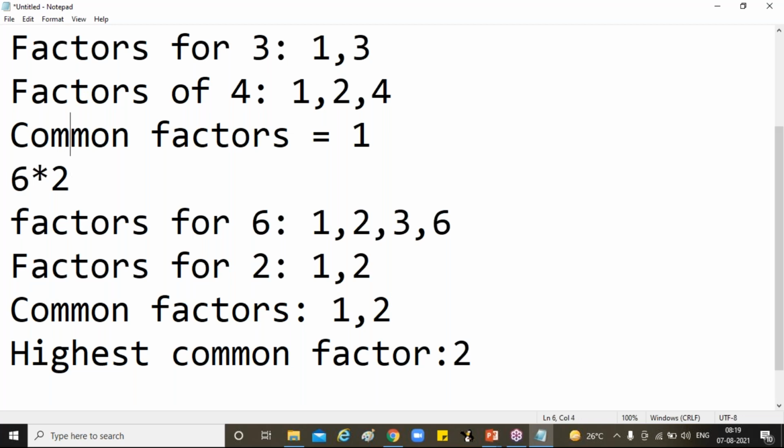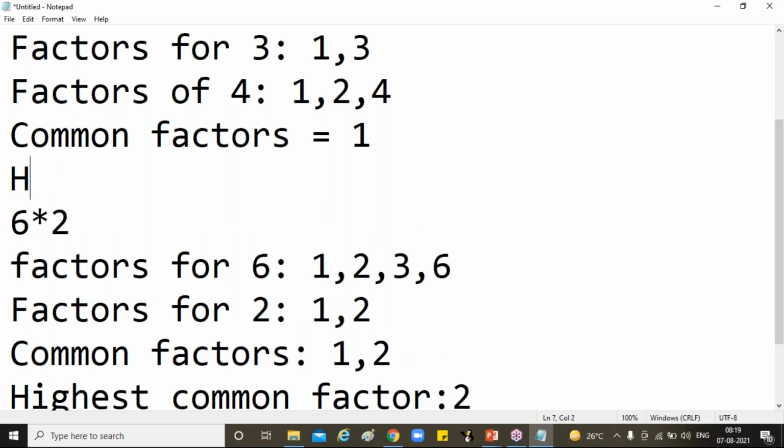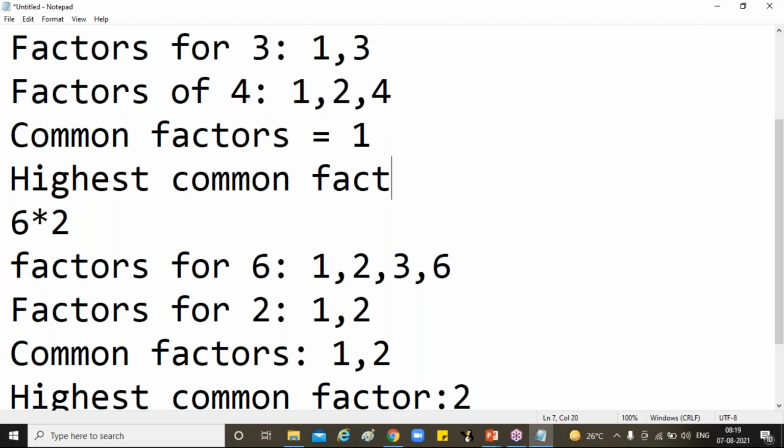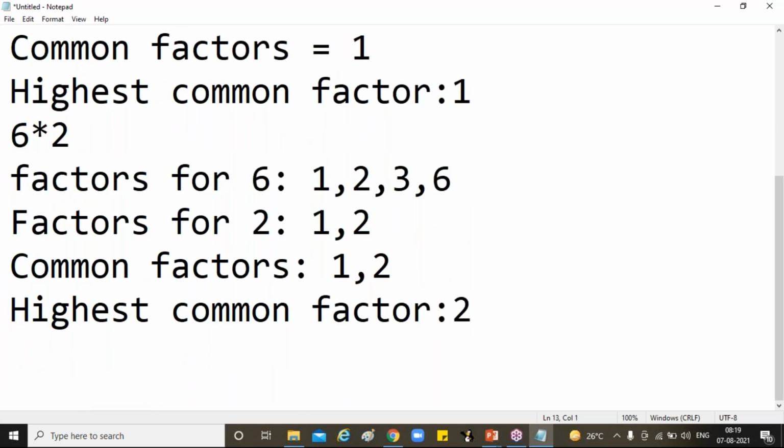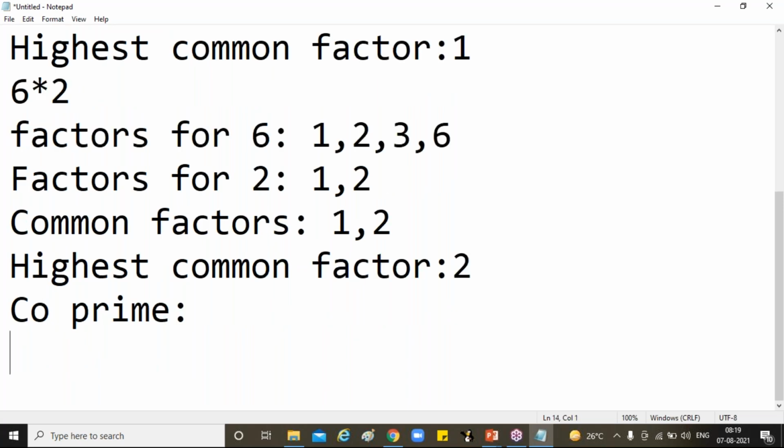So here for 3 and 4 there is only one common factor. May I say that that is the only highest common factor? The least is 1 and the highest is also 1. Yes, we have a concept called co-prime numbers. Co-prime is nothing but when the highest common factor of any two numbers is equal to 1.